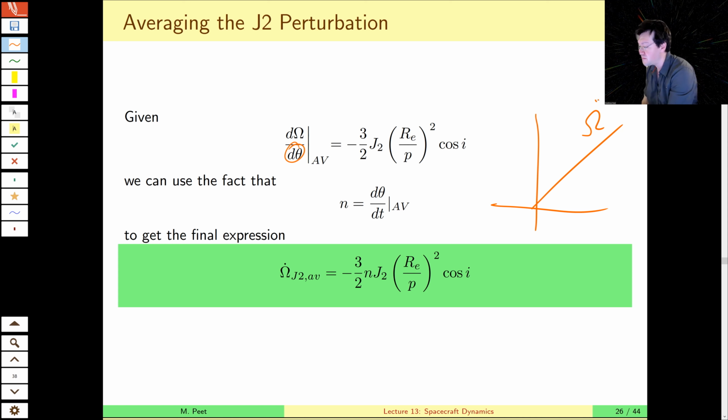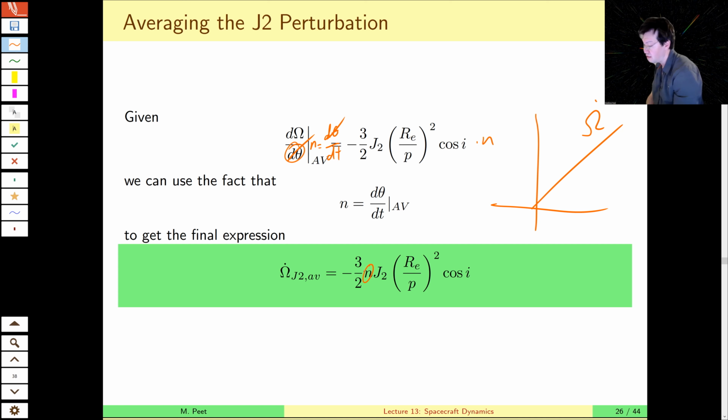For that we convert back, so 1 over n, and so that's d theta dt, and then the thetas cancel, and there's omega dt. So we had this term, and now we're going to multiply it by n.